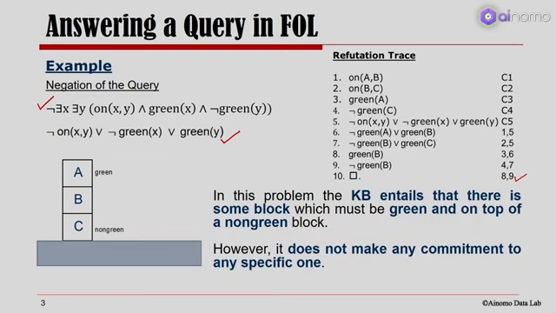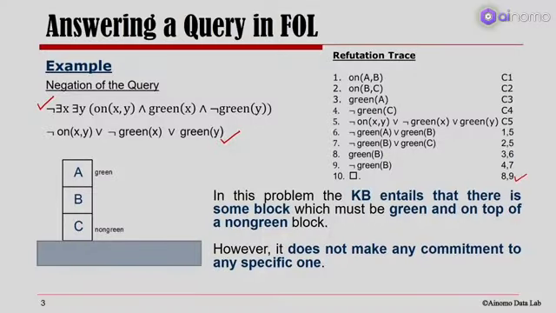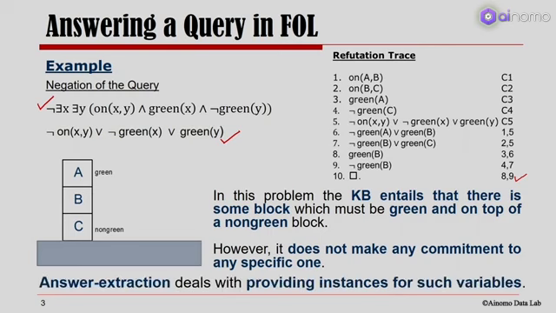It doesn't tell us whether the statement is true because block B is green, or because block B is non-green. We have no answer to what the existentially quantified variables are. So answer extraction deals with providing instances for such variables.